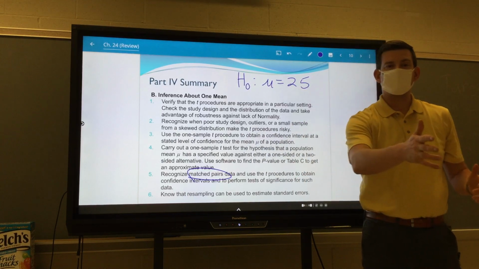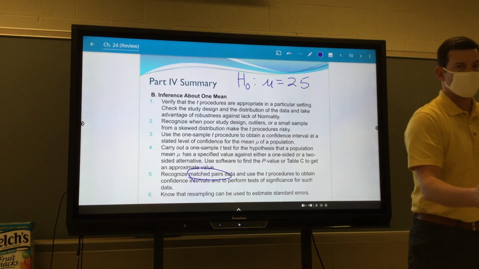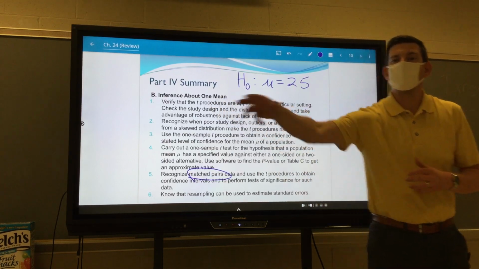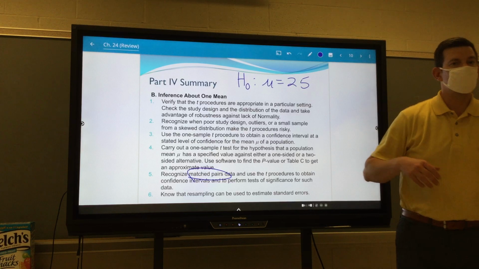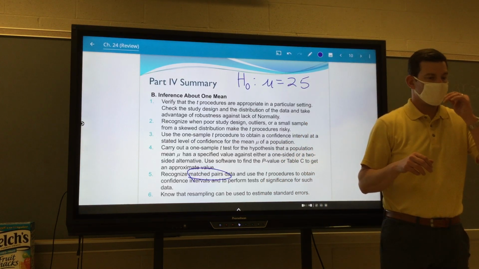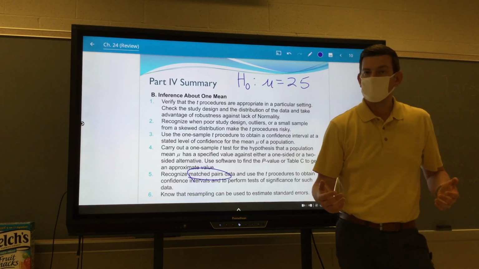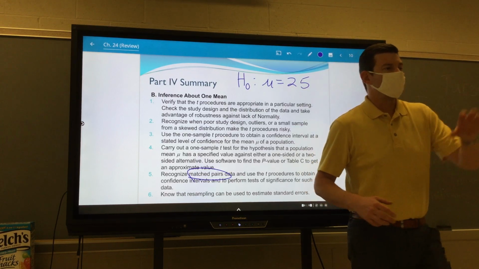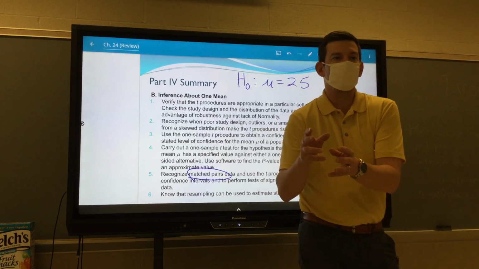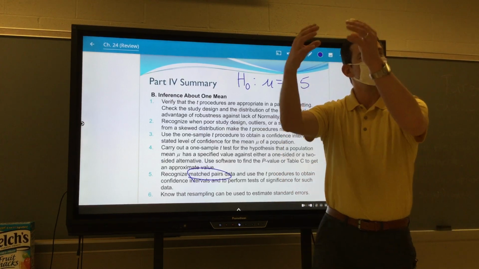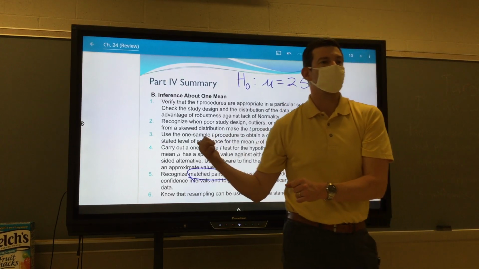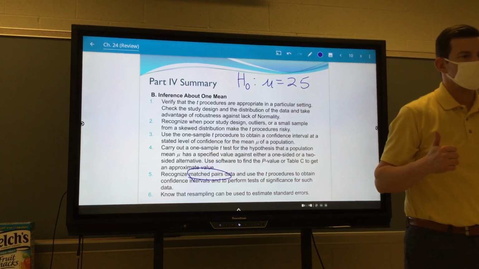We had done an example with a chimpanzee trying to find that food, either by getting the help from another chimp or trying to do it on their own. They had two sets of data, but what they looked at were the number of times they got help minus the number of times they tried to do it on their own, and that new set of differences is what they analyzed with their one sample procedures.